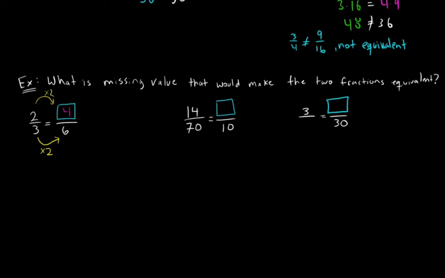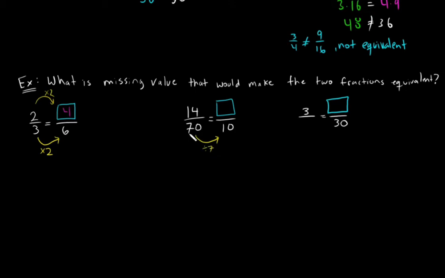We have 14/70 is equal to a number over 10. Once again, we're given some information that we can use to figure out what we're supposed to have. So a 70 becomes a 10. We have to think about it using multiplication or division. How does a 70 become a 10? In this case, if we divide by 7.